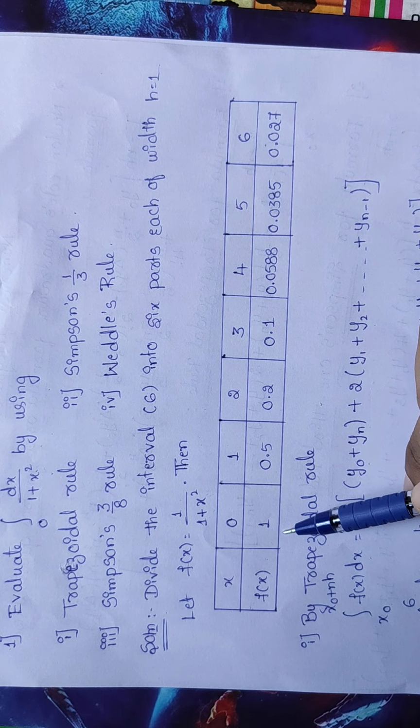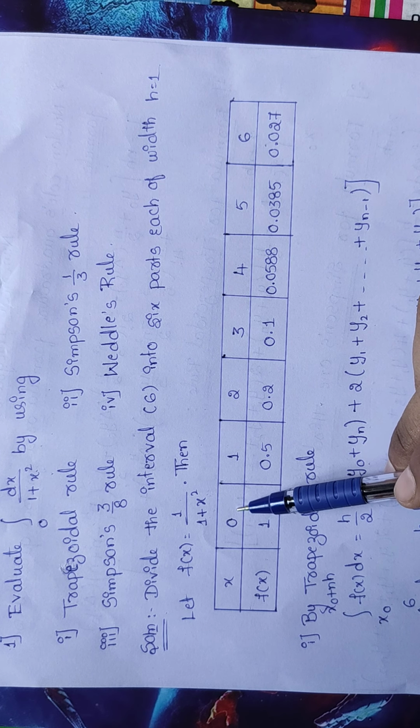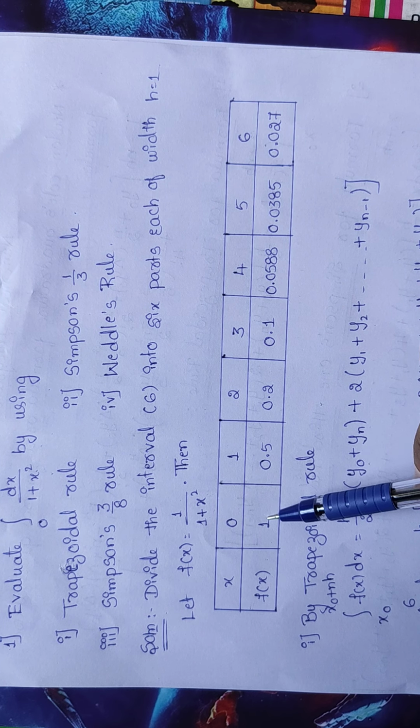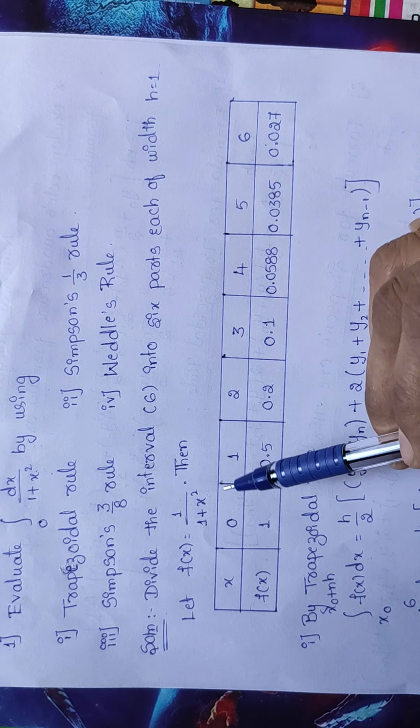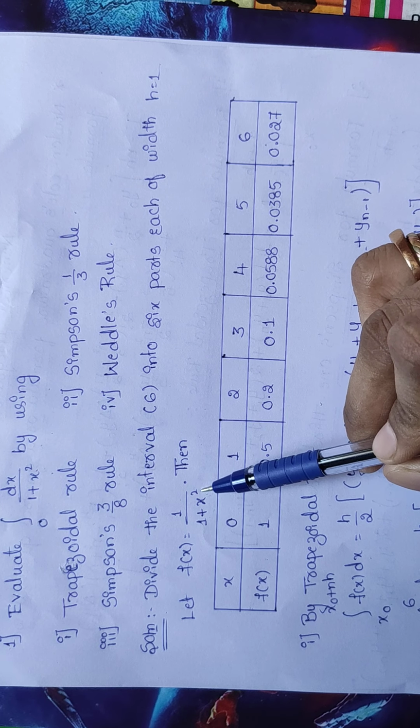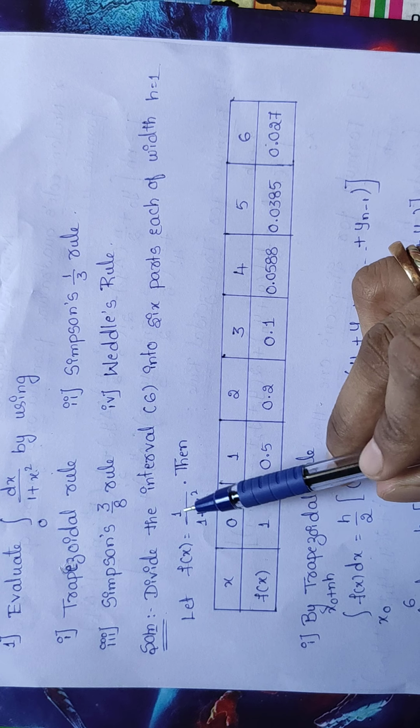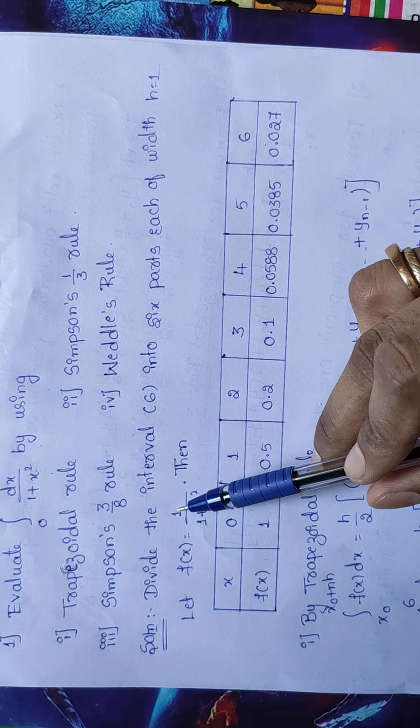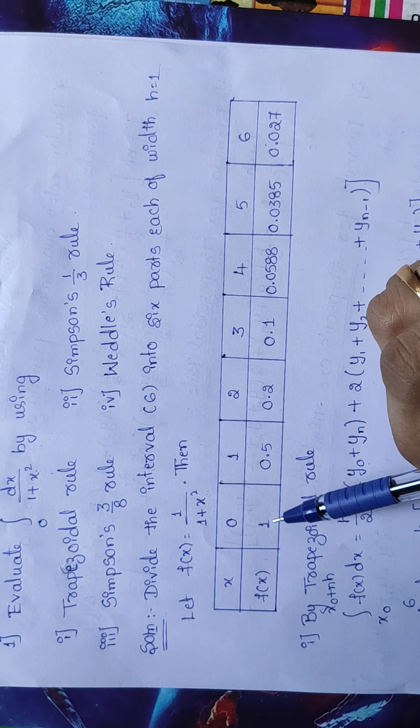To get the f of x values, we substitute the x values in the function, solve, and write them here. When x is 0, it becomes 1 divided by 1 plus 0 square, which is 1 divided by 1, so the value is 1.